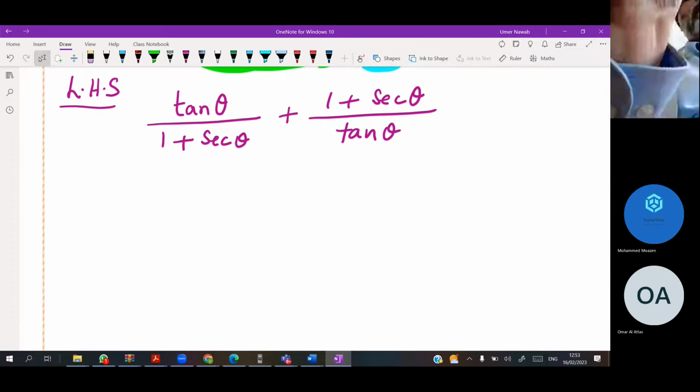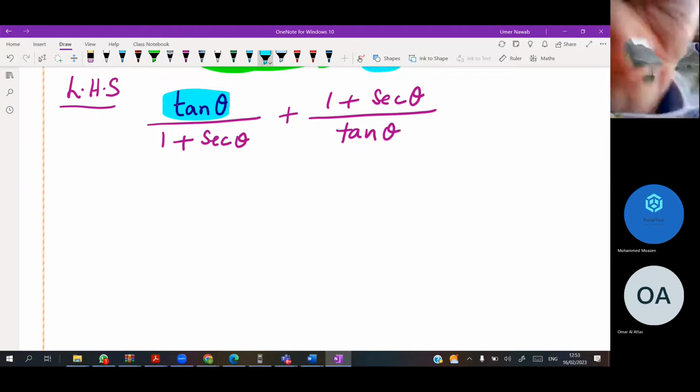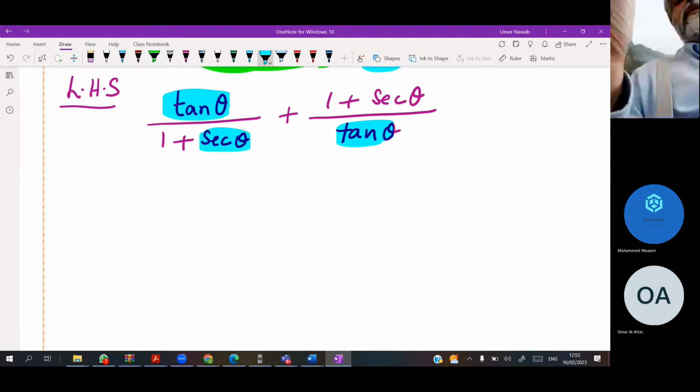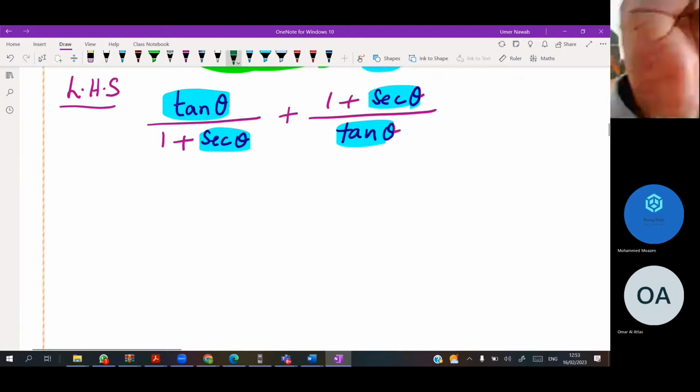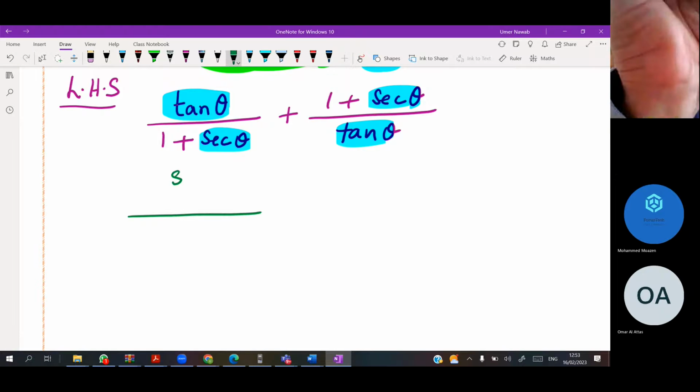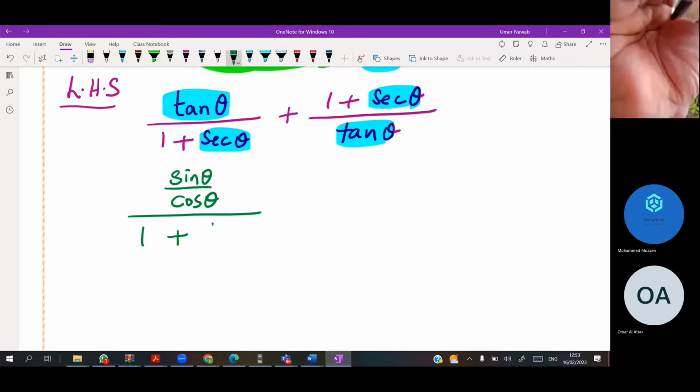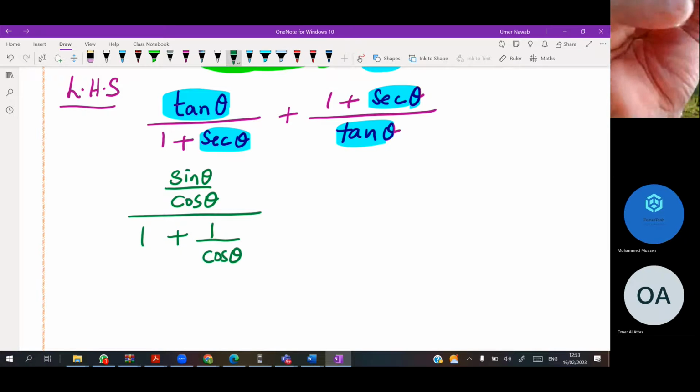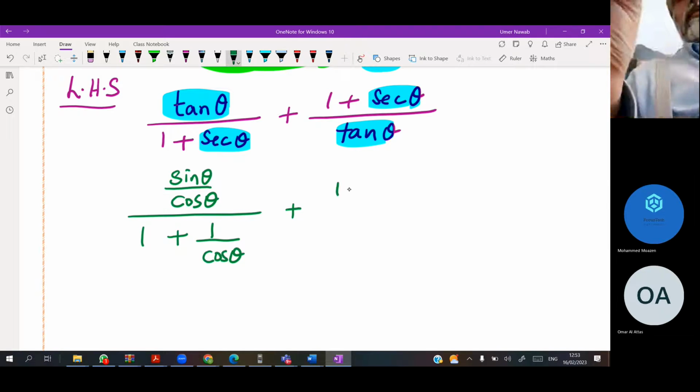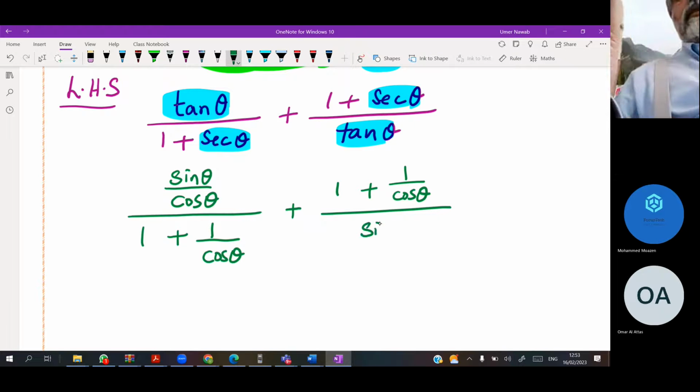Now I need to write the quotient identity for tan and for secant. Tan is equal to what? Sine over cosine, and secant is 1 over cosine. So 1 plus secant theta is 1 plus 1 over cosine, and tan theta is sine theta over cosine theta.